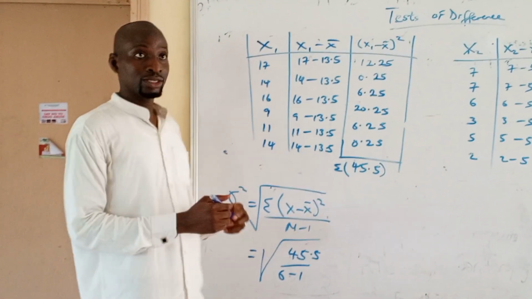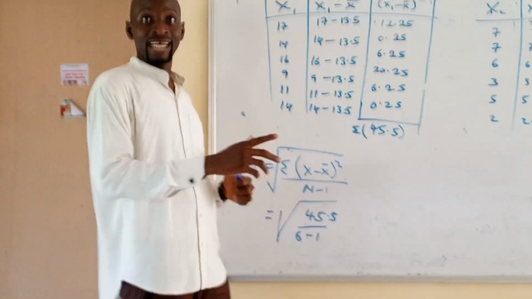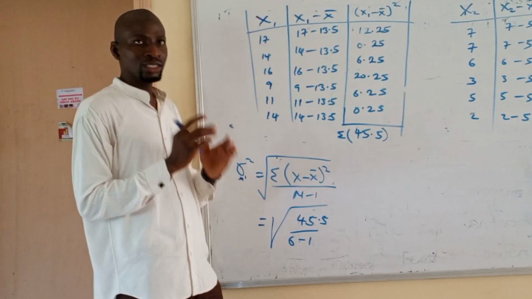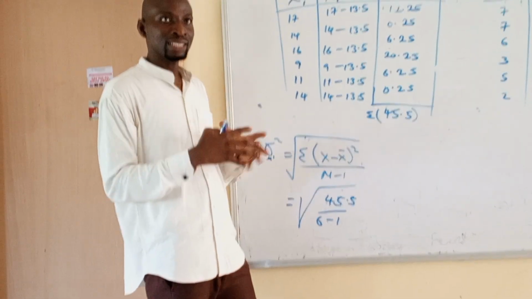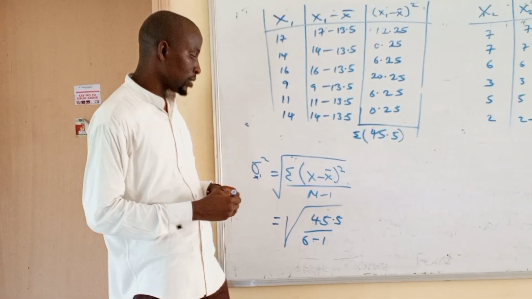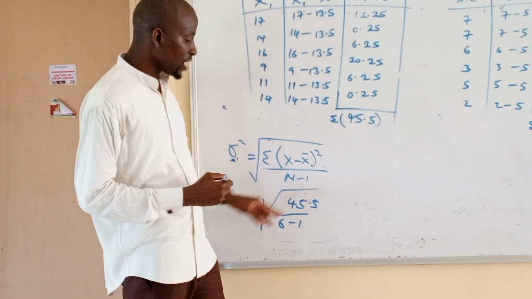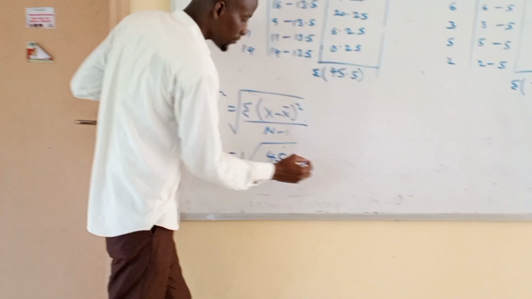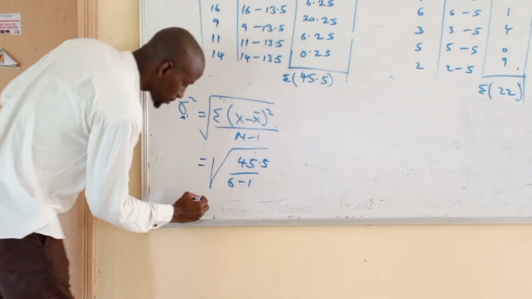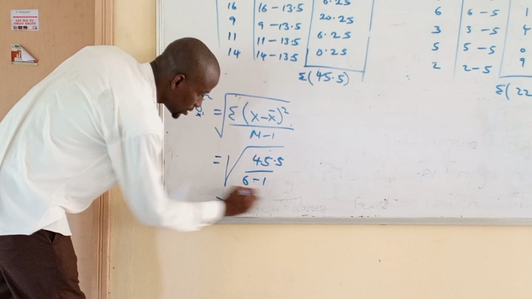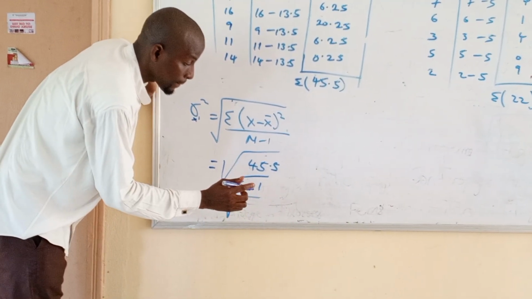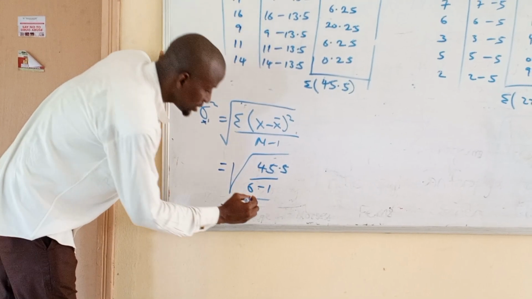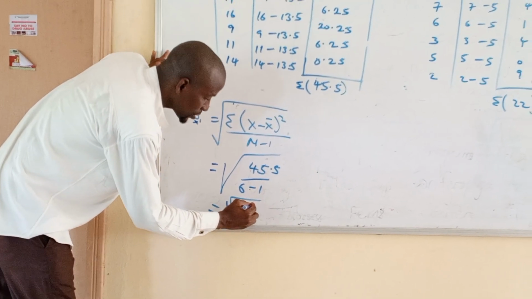Obviously, in some situations they will say n. In another situation, they will say n minus 1. But usually, in computing, it is the n minus 1 value that is better, so that it will help us reduce error. So 45.5 divided by 5. The square root of 45.5 divided by 5 will be what? 45.5 divided by 5 will be 9.1.